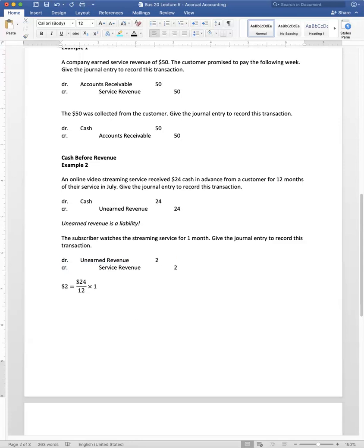Okay, so that's ideally how it's supposed to work. I'm sure you won't be surprised to learn that it's not always that pretty in the real world and not always that simple. So imagine a company like Netflix or any other streaming service, right? How many different customers do they have? Do all of those customers sign up on the exact same day?